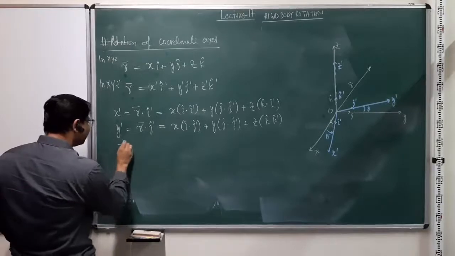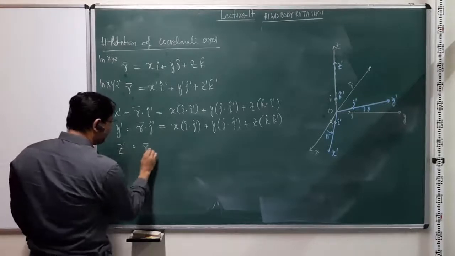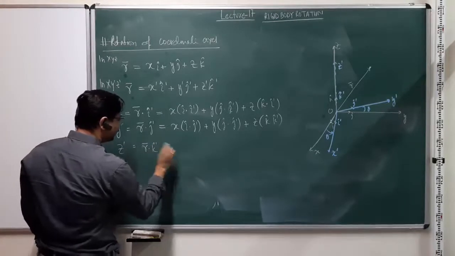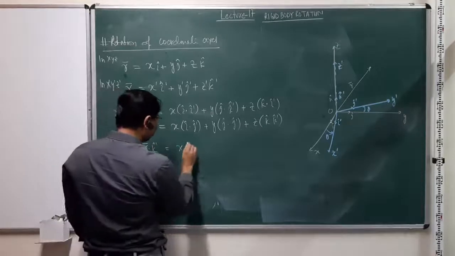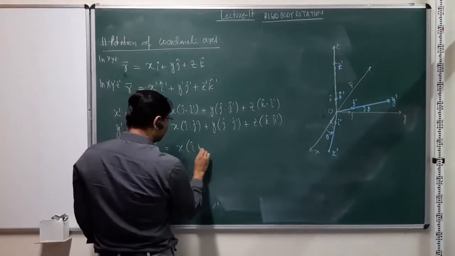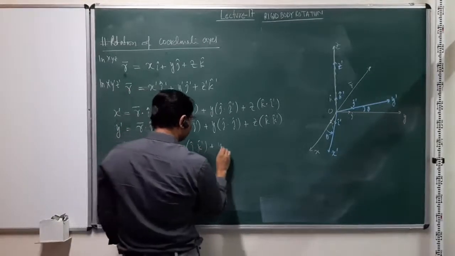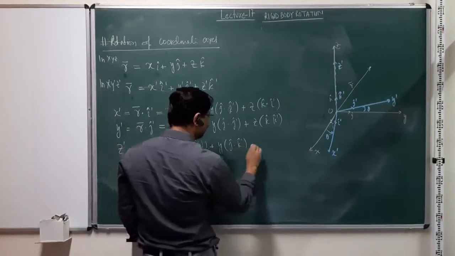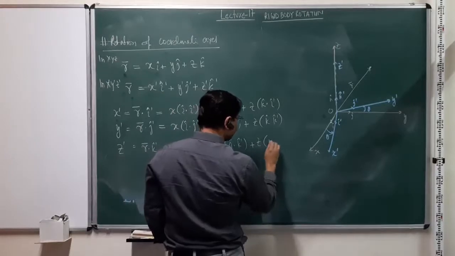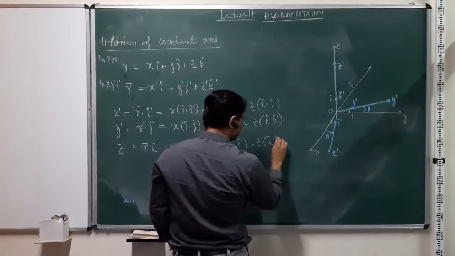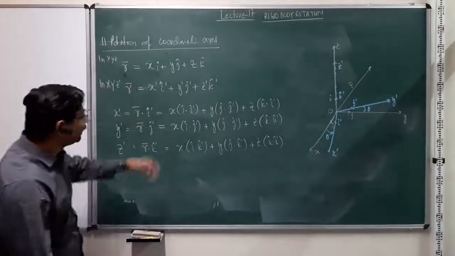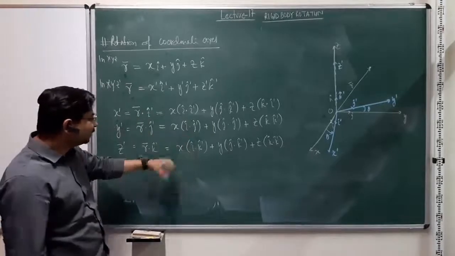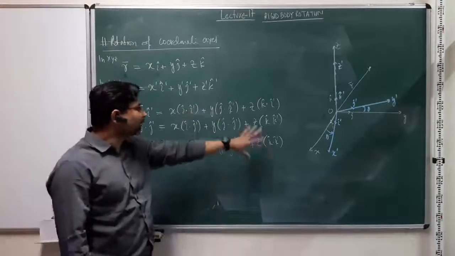Similarly, z prime is nothing but r dot k cap prime, x I cap dot k cap prime plus y j cap dot k cap prime plus z k cap dot k cap prime, right?